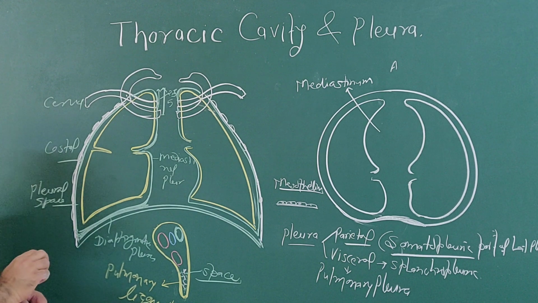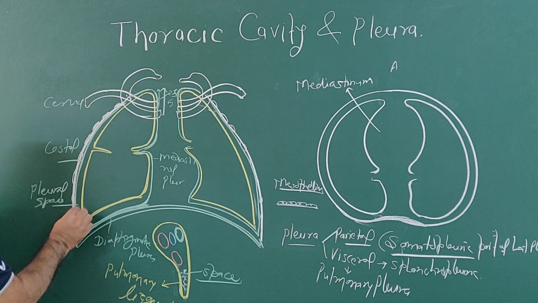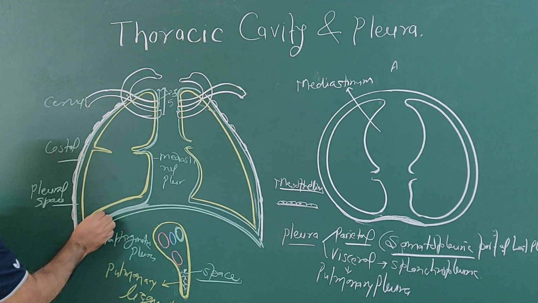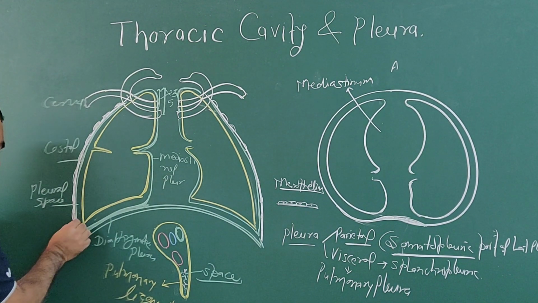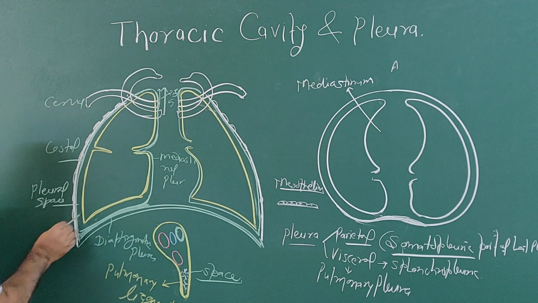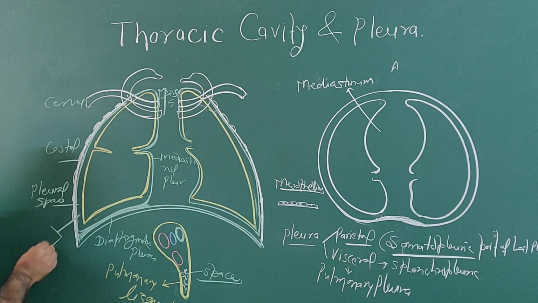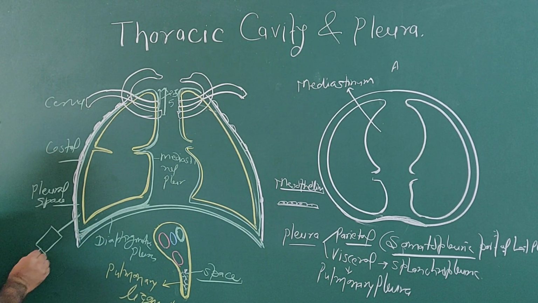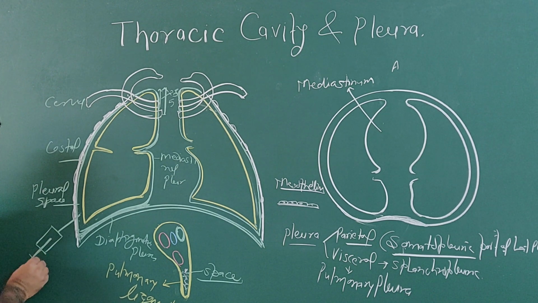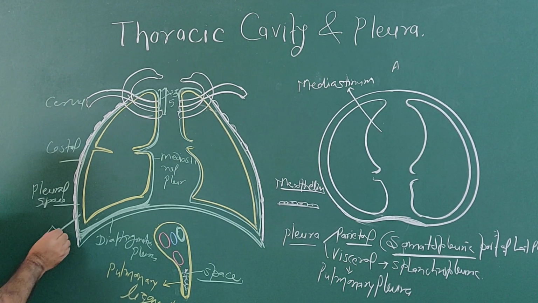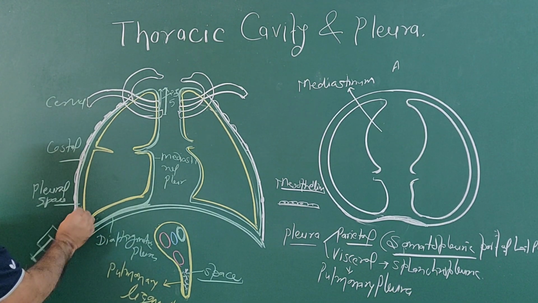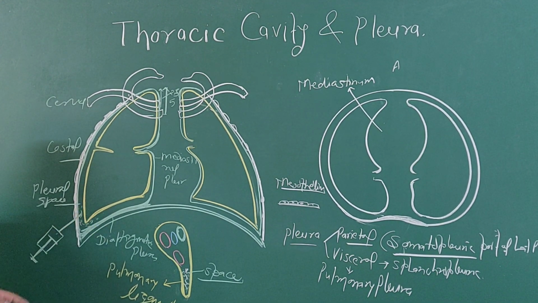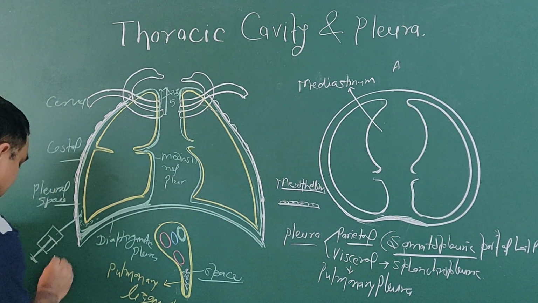In case of pleural effusion, here fluid is collected and removal of the fluid is known as paracentesis thoracis. So removal of the fluid from the pleural space is paracentesis thoracis.